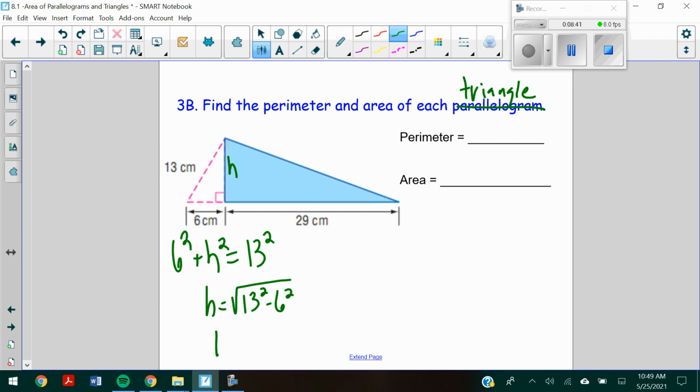Okay, and we're going to have a decimal 11.53, so we're going to call that 11.5. Oh goodness, you guys were missing another length. So we need to find this length, again, using Pythagorean theorem. So we are going to use our rounded 11.5 for this.